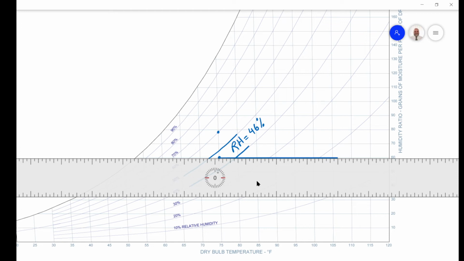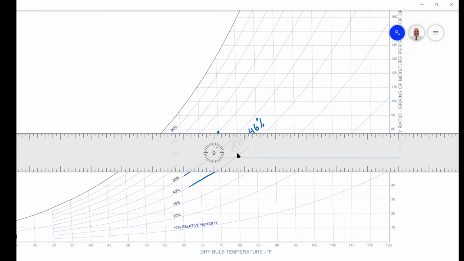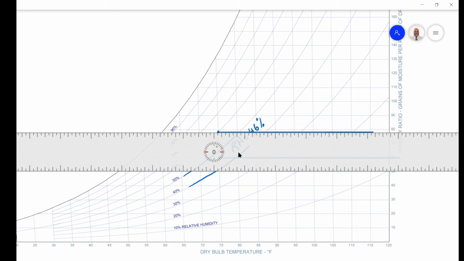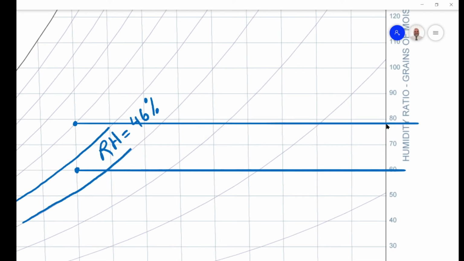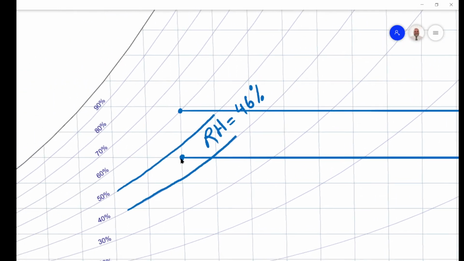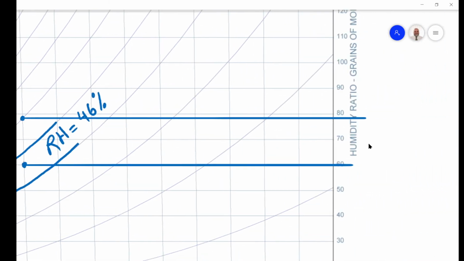Here we started with 60 grains of water, and here we ended up with roughly 78 or 79 grains of water. Meaning, if you want to increase the relative humidity of the air when it is 75 degrees and has 46% relative humidity to 60% relative humidity, you need to add that many grains of water to that 1 pound of air.